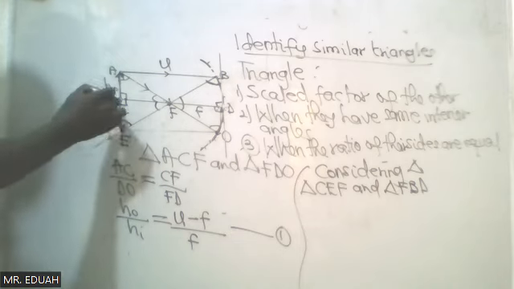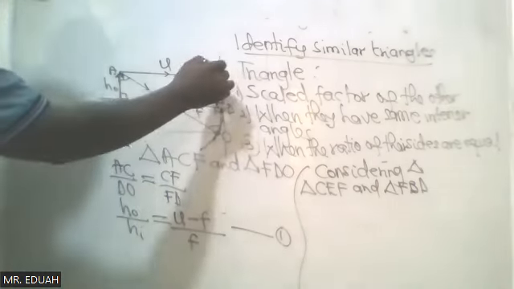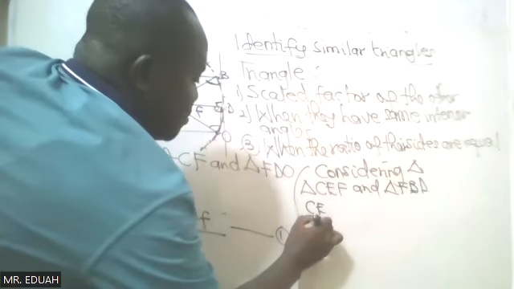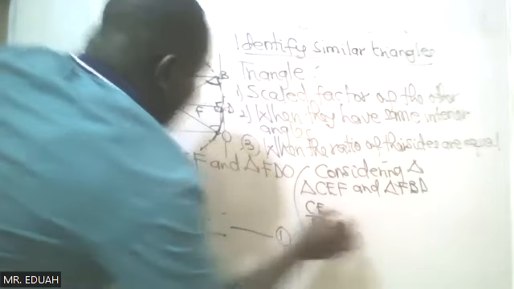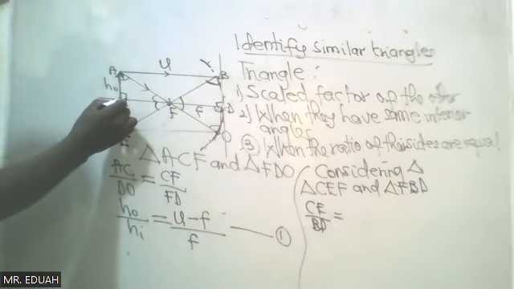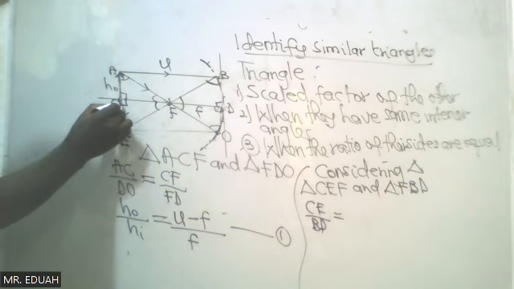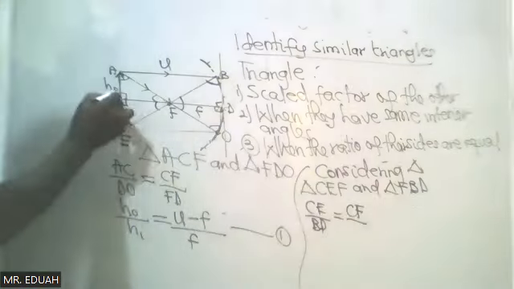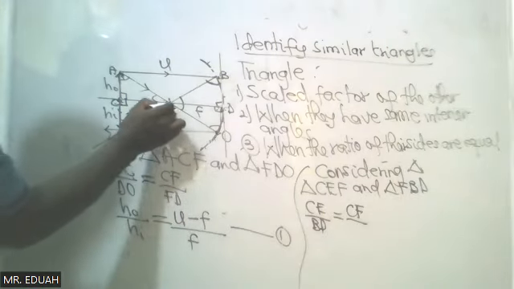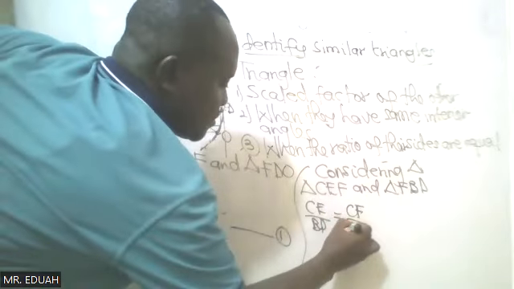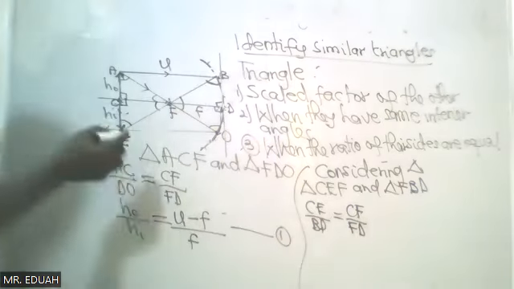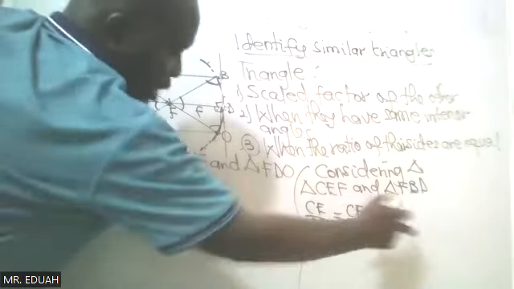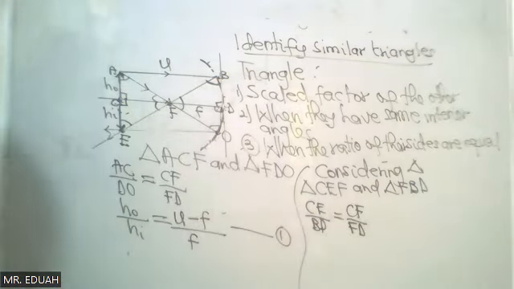So CE over BD must be equal to CF over FD, which must also be equal to this side, but we are not interested. We need only two, so we'll only work with this one.